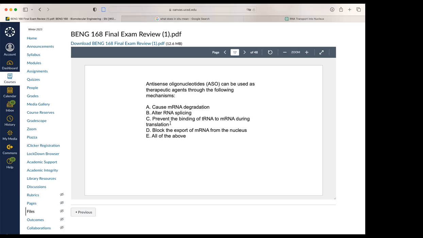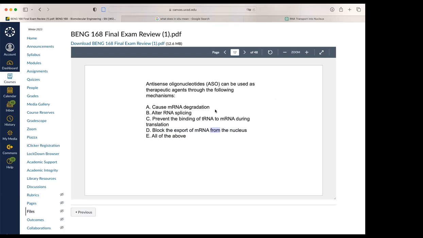I feel like we didn't go over that mechanism. So I don't know. And D, I guess what they're saying is, have antisense nucleotides been used in this manner to block export of mRNA from the nucleus? And maybe it hasn't.